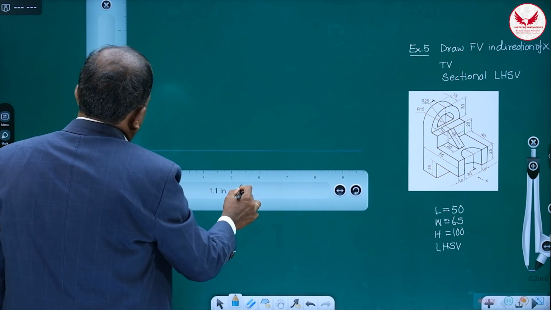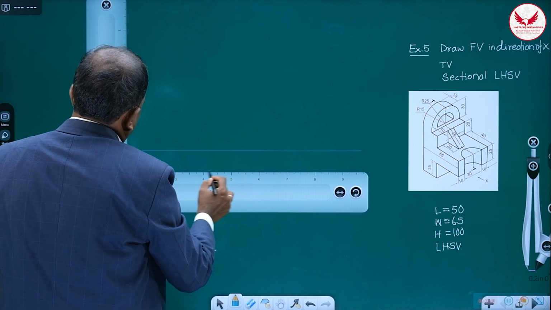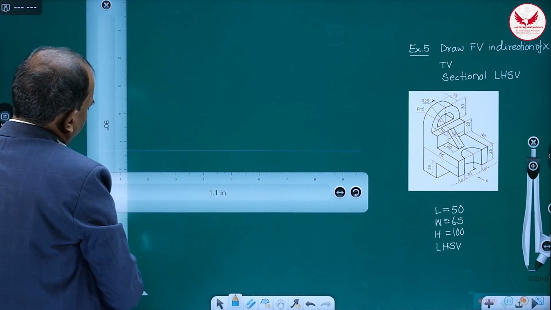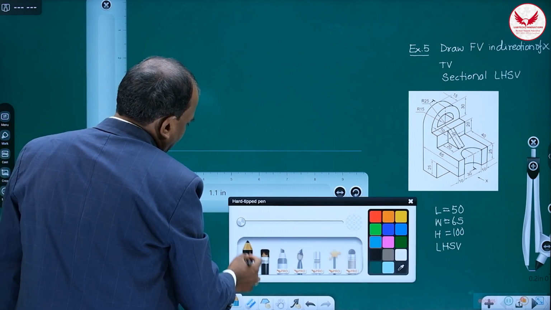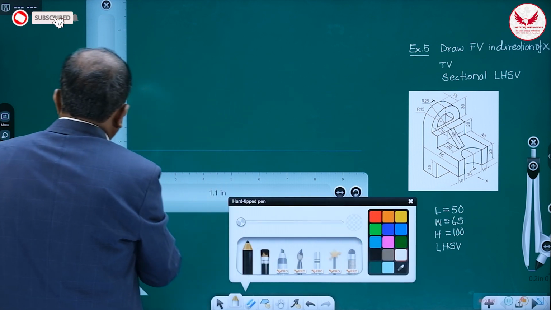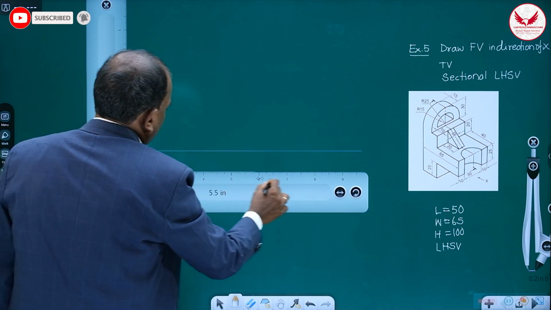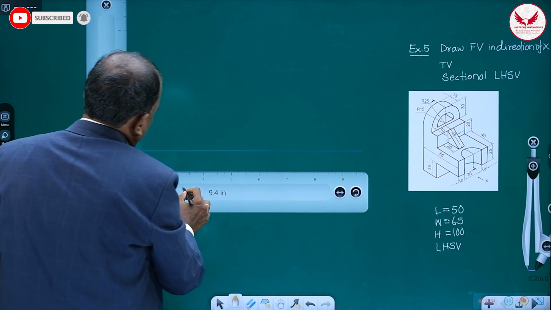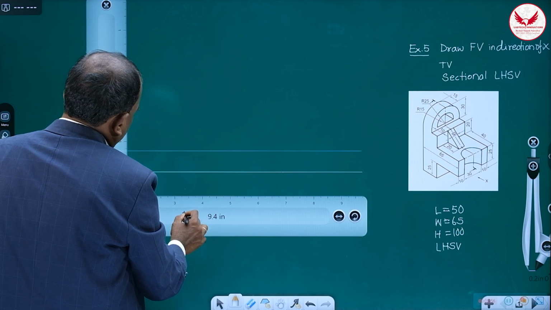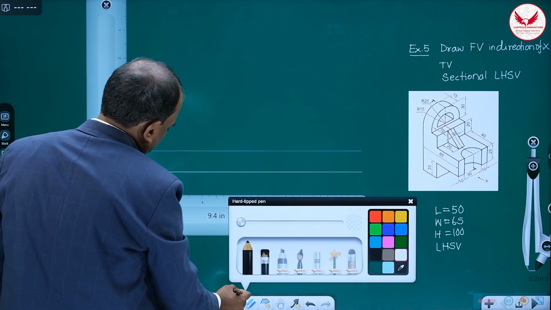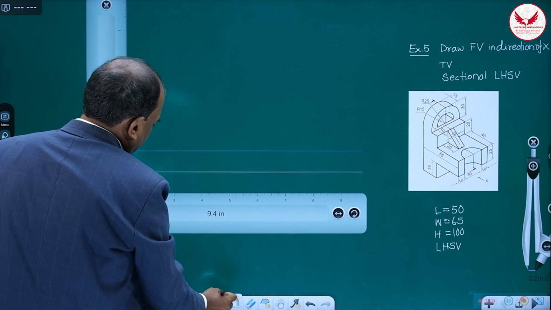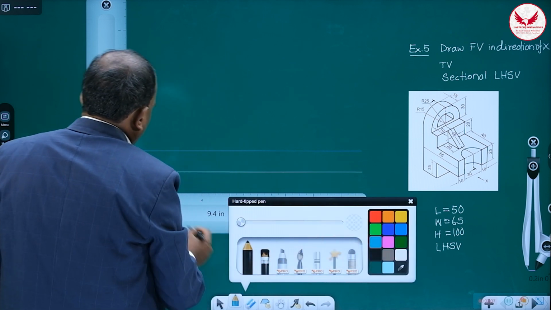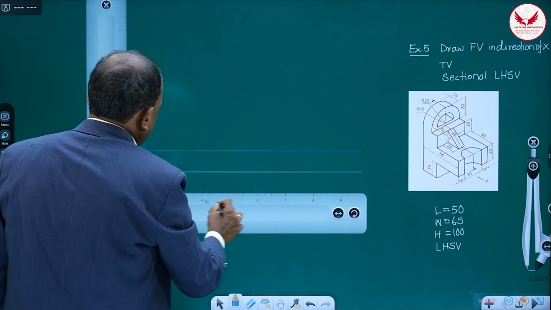Then, by leaving a gap of 10 to 15 mm, draw another dark line, like this. Then again at a gap of 10 to 15, draw the third line.